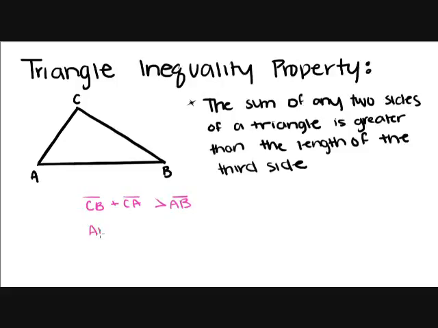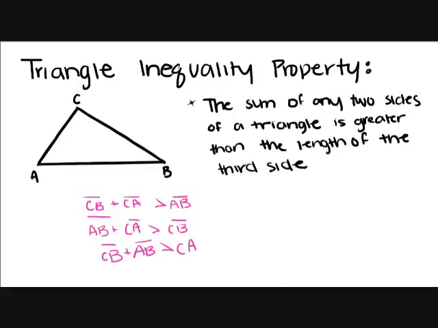The sum of AB plus CA is greater than CB. The sum of CA and CB plus AB is greater than CA.